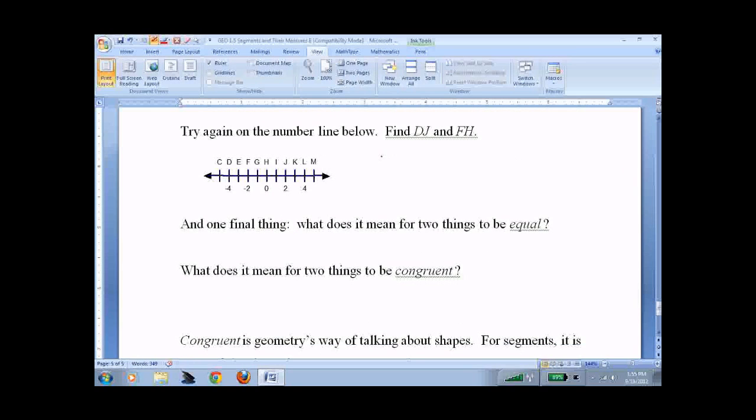Here's an example. What's the distance from D to J? We already did that. -4 minus 2 equals, so DJ equals 6. And FH equals 2.